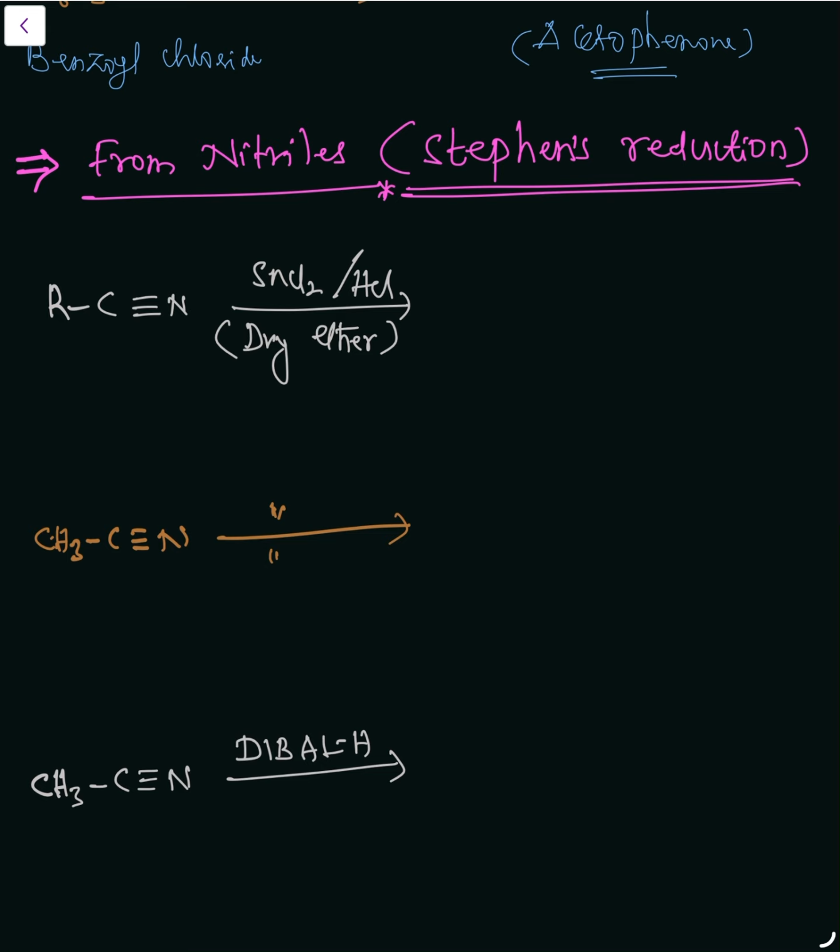RCN, that is alkyl cyanide, in the presence of tin chloride and dry ether, imines are formed. First formation of imine takes place: RCH double bond NH.HCl. This is imino hydrogen chloride, or imino chloride we can also write.